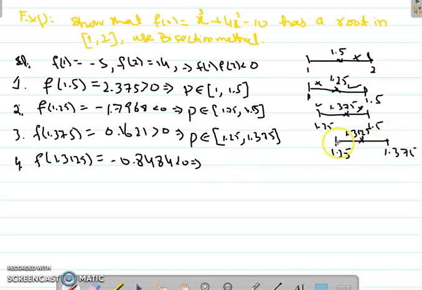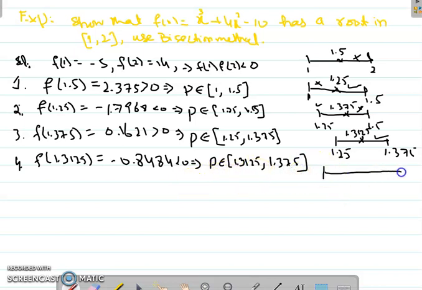So on 1.25 the value is negative, and on 1.3125 it is also negative, so it means that the root belongs to this interval. So the required root belongs to 1.3125 and 1.375.